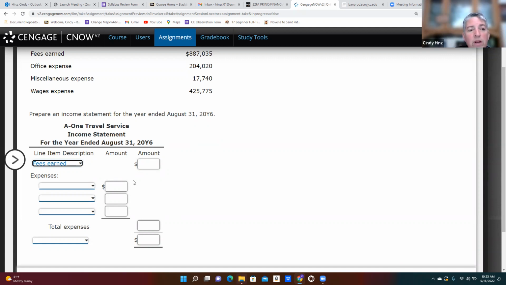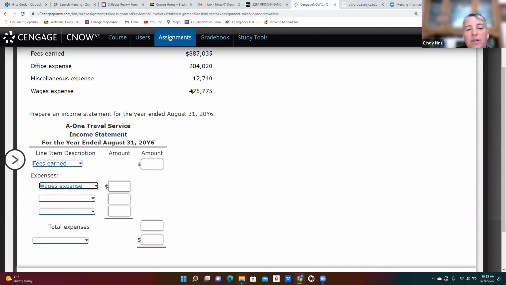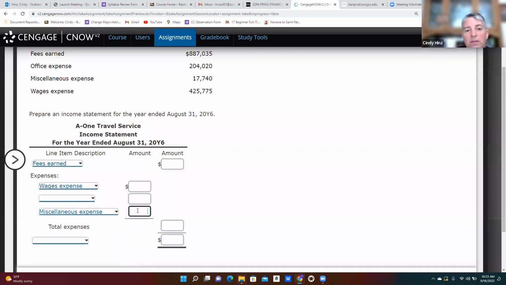As far as ordering of our expenses, again, the template's going to be helpful for that. But the general rule is we want to start with the largest numbers. So we have 3 expenses here: wages, office, and miscellaneous. Miscellaneous always goes last, even if it's not the smallest number. And the reason is because that is going to be an aggregating, adding together a bunch of different types of expenses that are all relatively small.